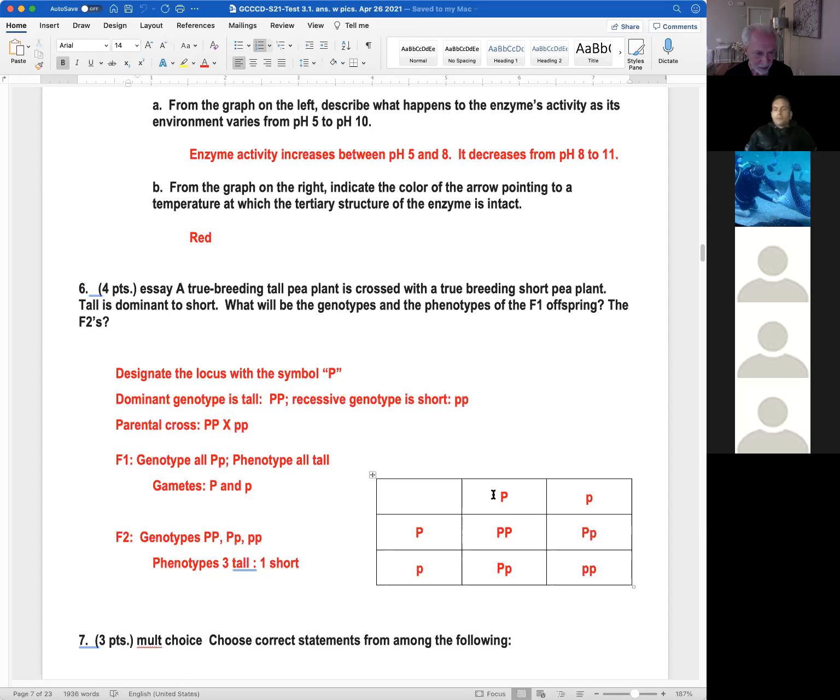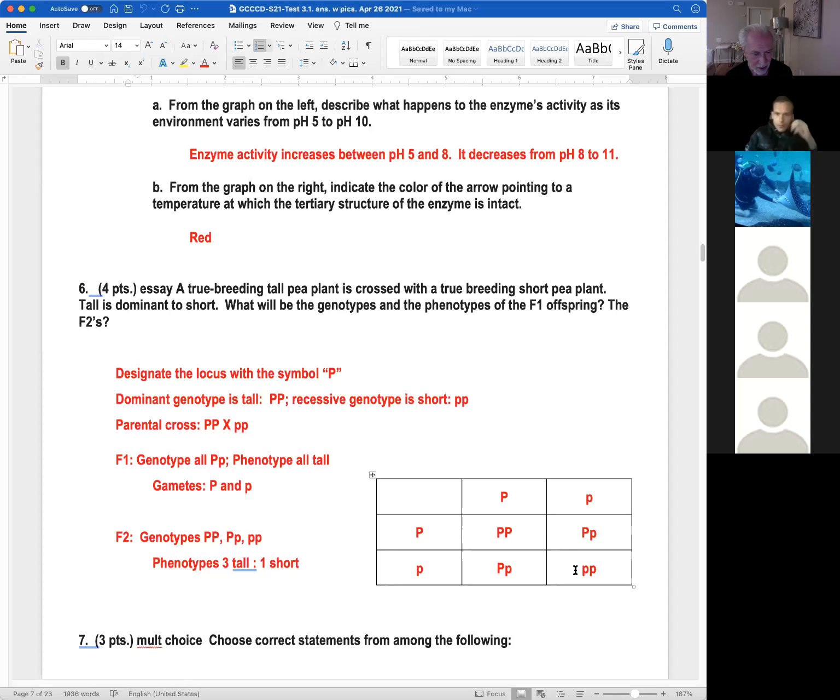Both parents. On one axis, you have a parent that has gametes big P and little p. The other parent is the same. It has gametes big P and little p. So if you put it together, the combinations, you have one big P big P, two heterozygotes, and one homozygous recessive.